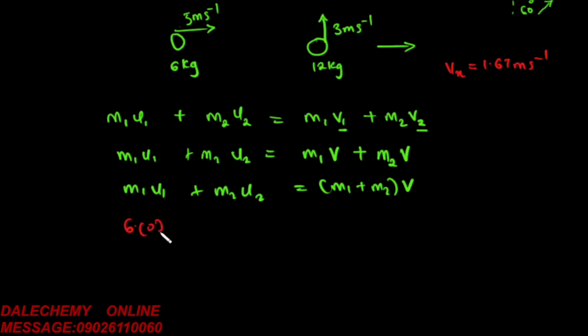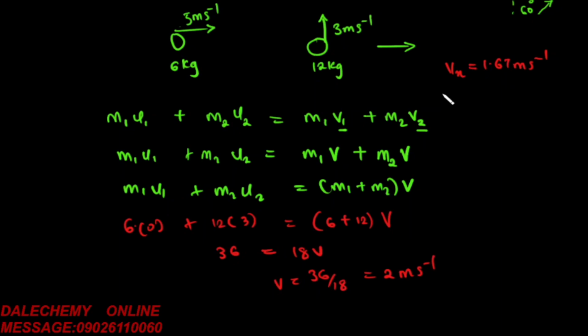So the velocity will become 0 plus m2 is 12 times the velocity in vertical component will become 3 equal m1 is 6 plus m2 is 12 times the velocity. Don't forget this velocity is now the common velocity in y component. So this becomes 0 and we have 36 equal 18v. So v becomes 36 over 18, and that's going to be 2 meters per second. So vy equal 2 meters per second.